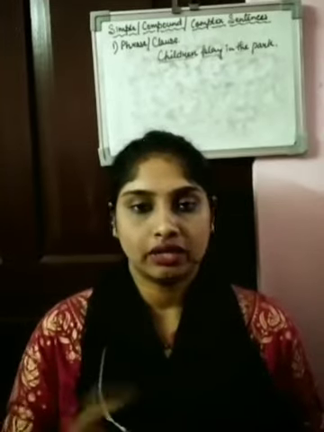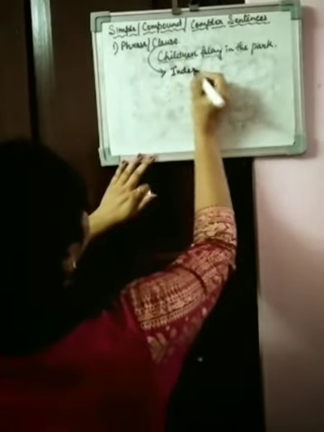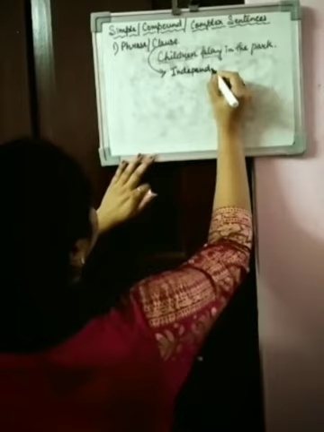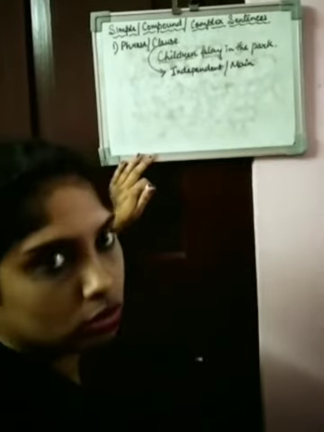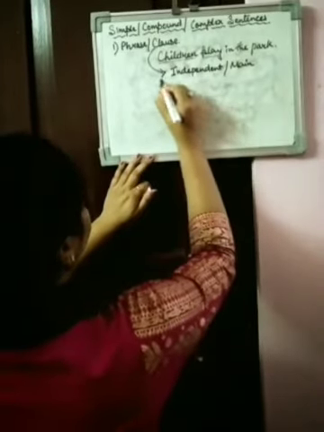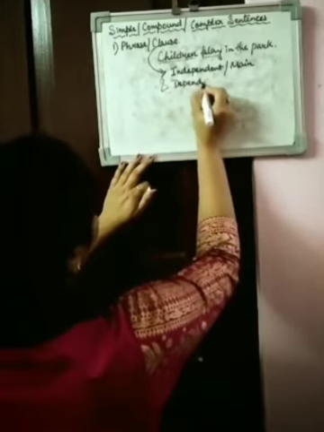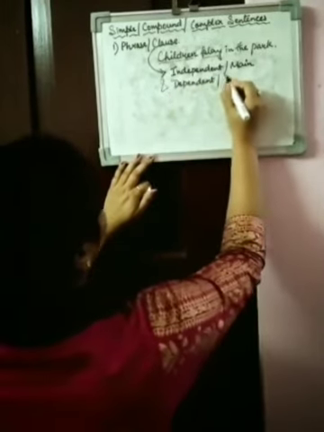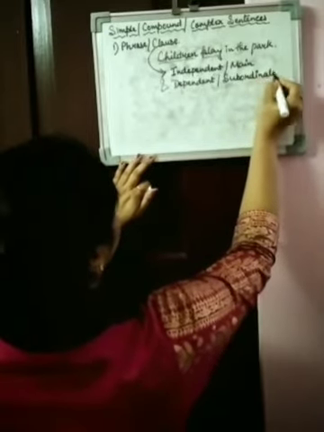Now clauses are divided into two types. The first is the independent clause, also called the main clause, and the other type is the dependent clause, also called the subordinate clause.